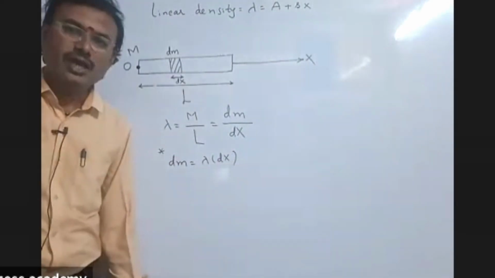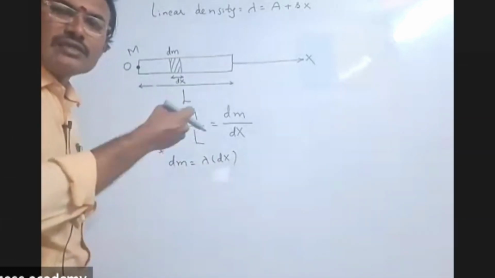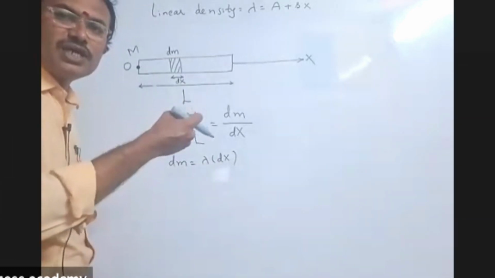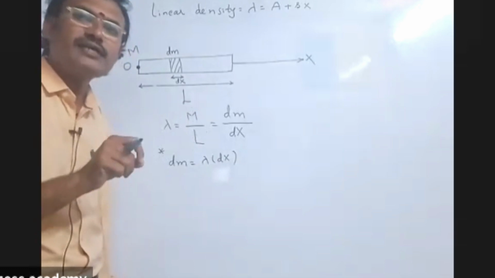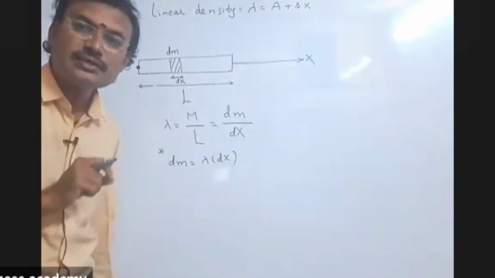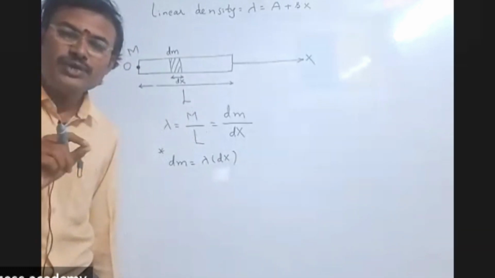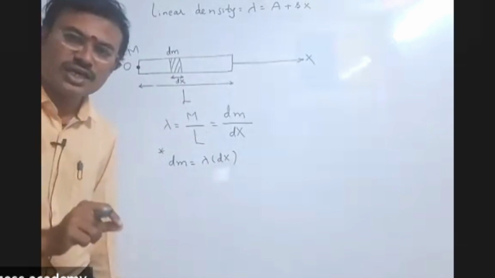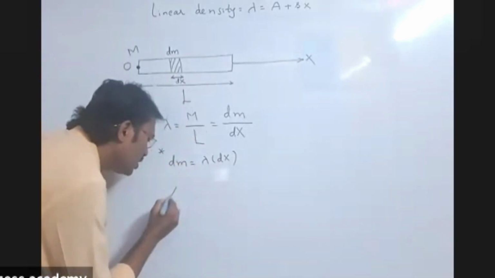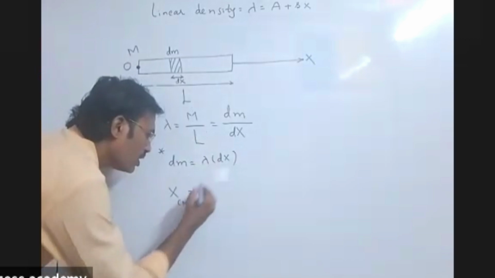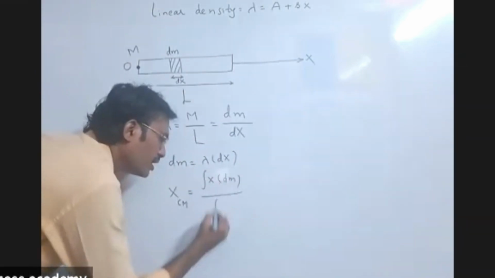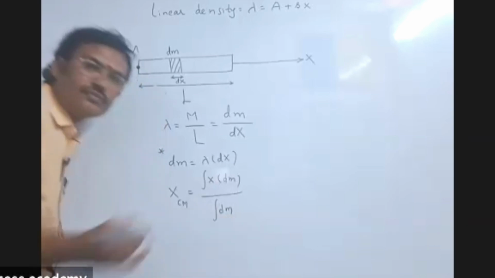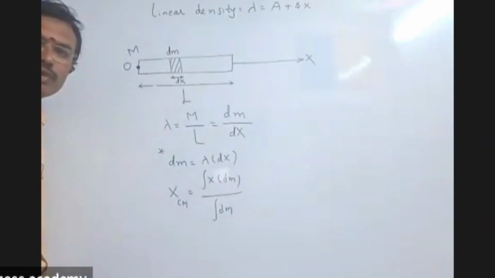Now along the x-axis, if the mass distribution is present and you want to calculate the position of the center of mass with respect to the x-axis, which formula need to be considered? Just now I said to you that xcm is equal to integral x dm by integral dm. This only I said to you, right?